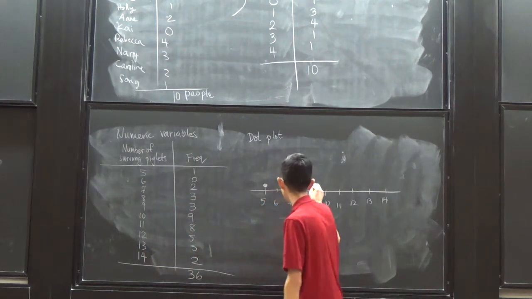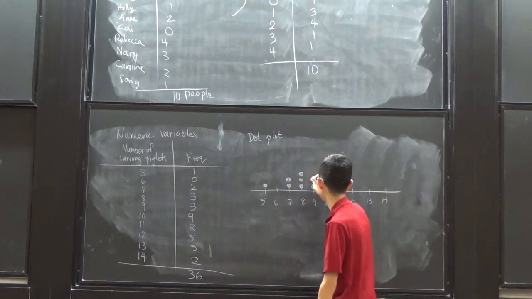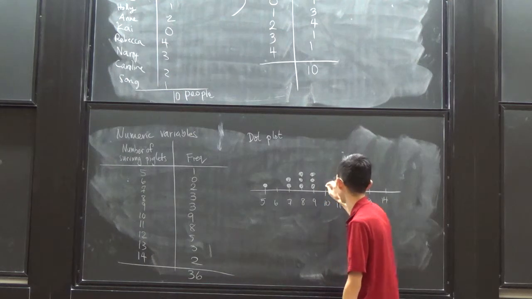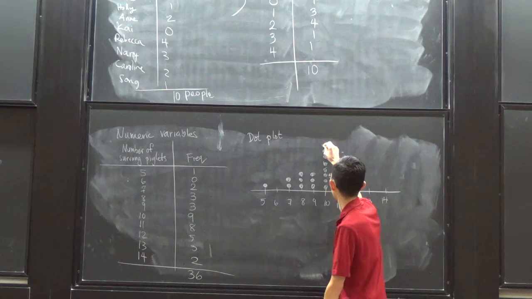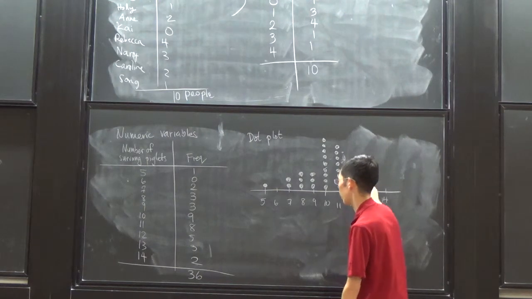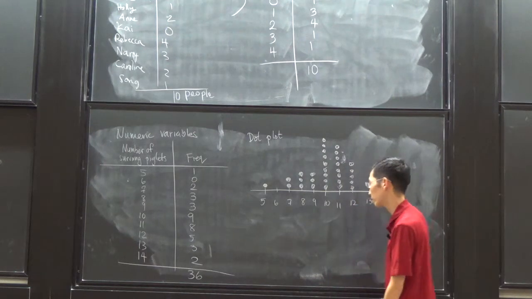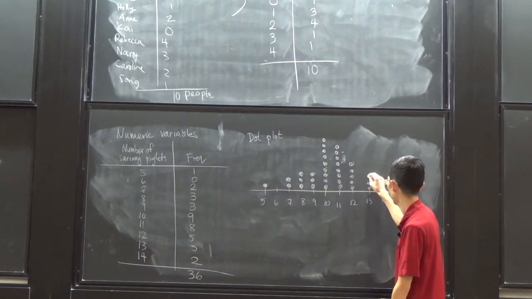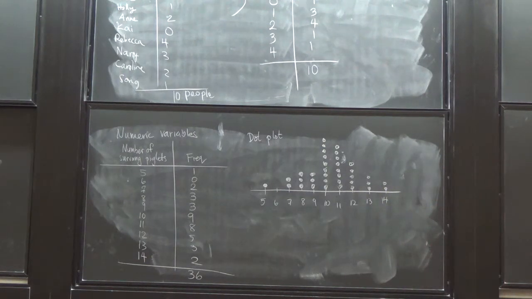Same thing with 8, now I draw 3, and I can continue this on and complete my a dot plot that looks like so.